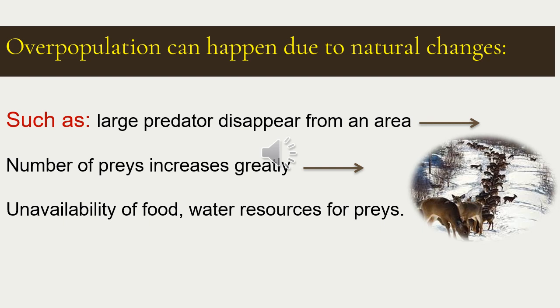Do you think that overpopulation can happen due to natural changes? When the large predators disappear from an area, the number of the prey will increase. If the number of the prey increases, there will be a shortage of water, food, and resources for these prey.